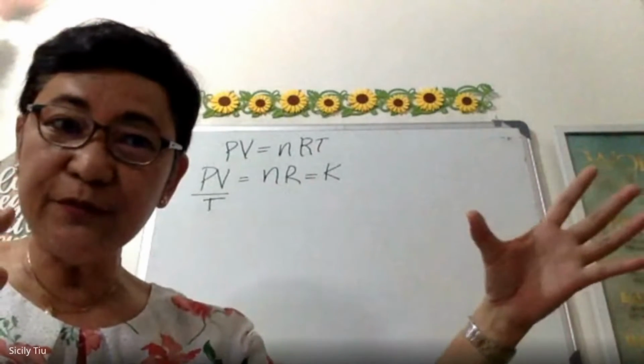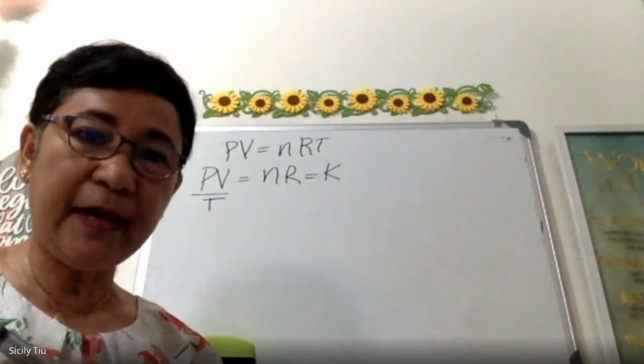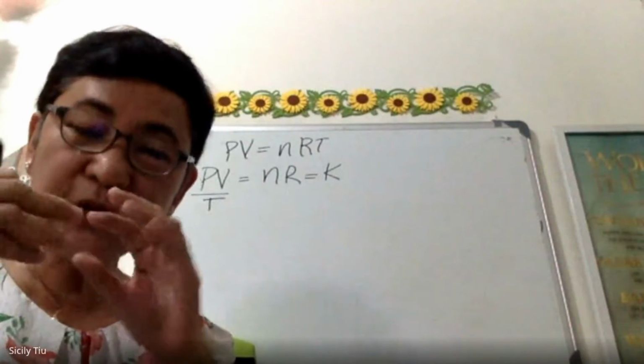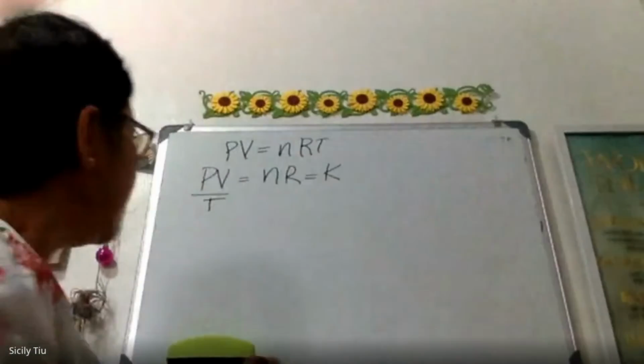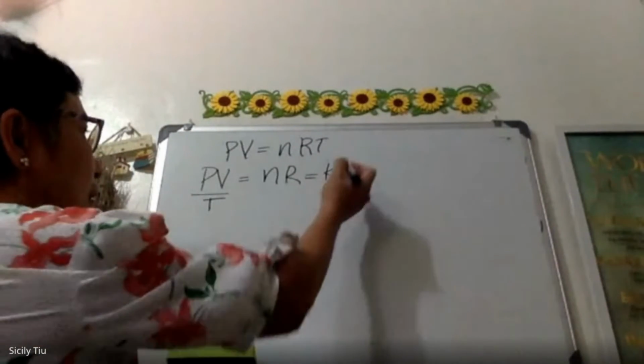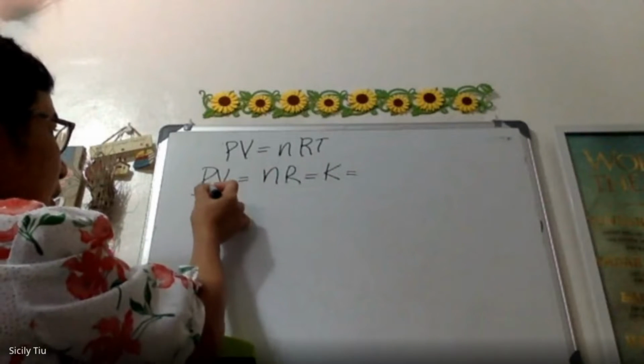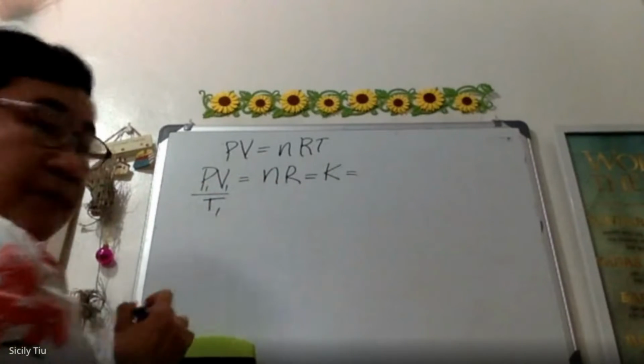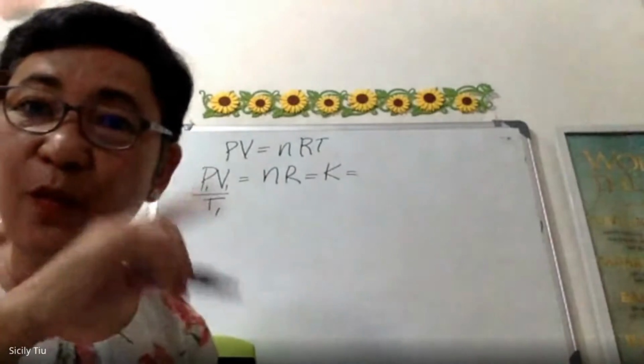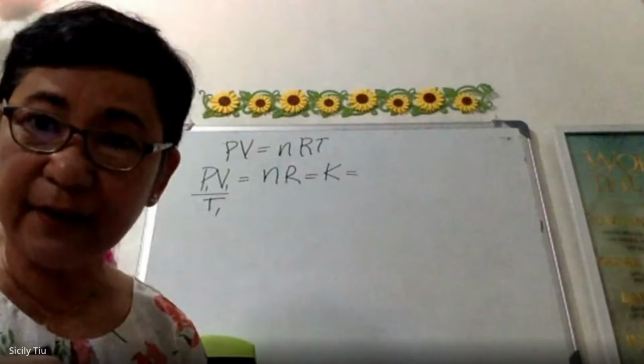your system is running. So, from point 1 to point 2, that means, since it is constant, from point 1 you have P1, V1 over T1.